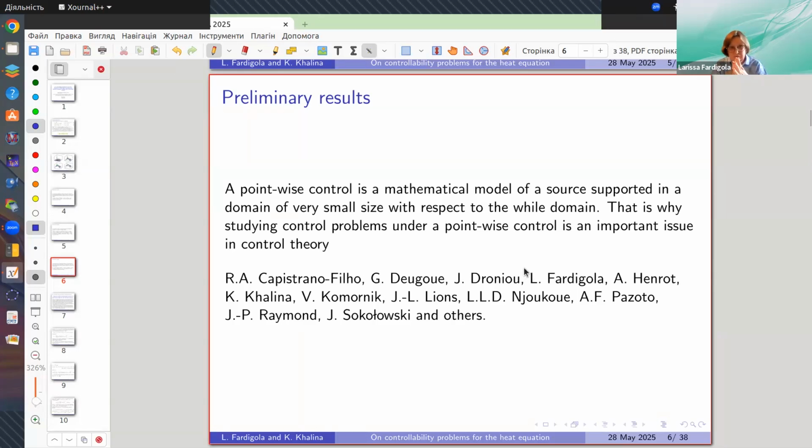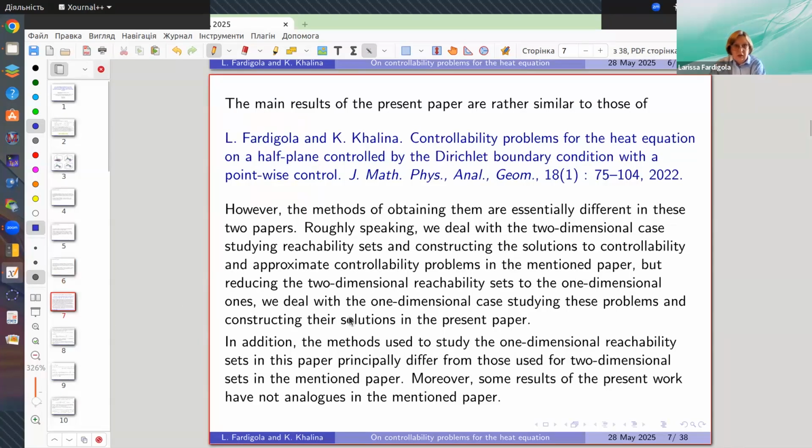That is why studying control problems under pointwise control is an important issue of control theory, and some mathematicians studied these problems. The main result of the present paper is rather similar to our previous paper.